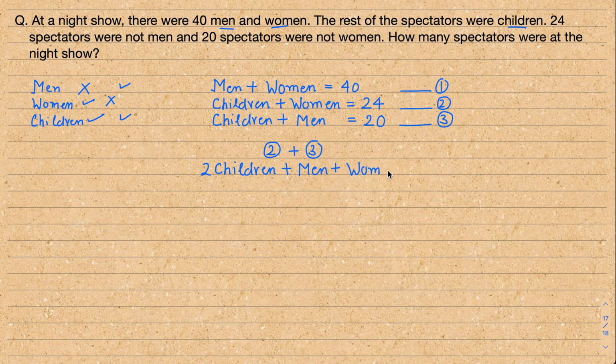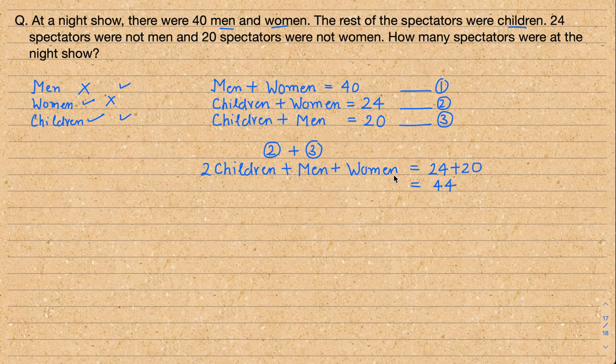Men I'm getting from one equation, women from the other, and this is equal to 24 plus 20. Obviously 24 plus 20 is 44, right? Now how about this side?